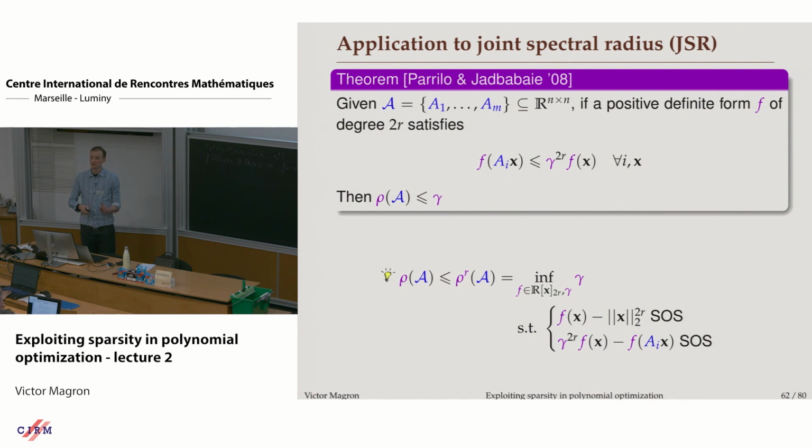You have only one single parameter on which you do the bisection. It's not like multiplying two unknown polynomials together, which is extremely bad. So you do a bisection on gamma plus an SDP, and in practice, it works reasonably well. Most of the time is spent computing this SOS solution.